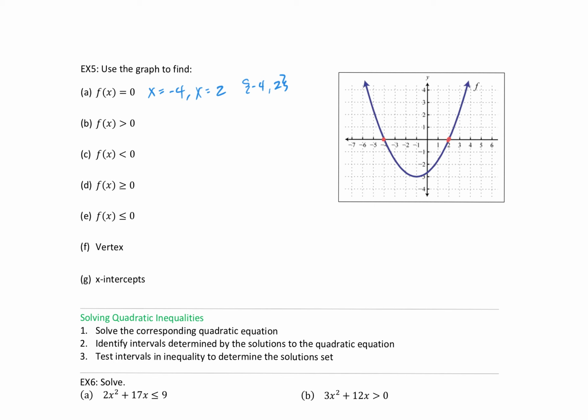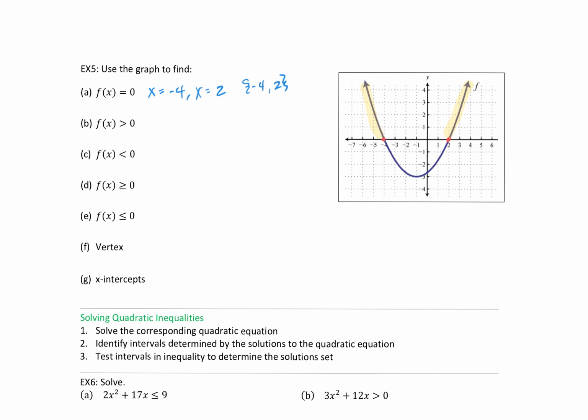Now, what x values in part B make the function positive or greater than 0? The function is positive when it's above the x-axis. So that's saying the y values are greater than 0, and now we have to state the x values that make the y values greater than 0.